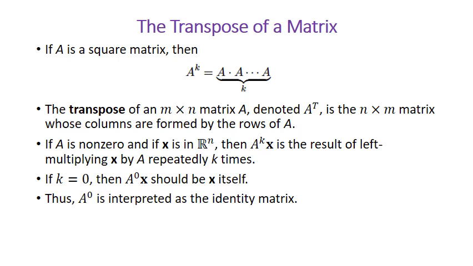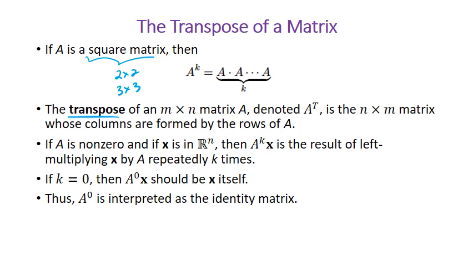So now we're going to talk about the transpose of a matrix. So in this first example, it talks about a square matrix, but it does not necessarily have to be a square matrix in order to transpose it. And just a reminder, a square matrix is where the number of rows is the same as the number of columns. So 2 by 2, 3 by 3, 4 by 4, so on and so forth.